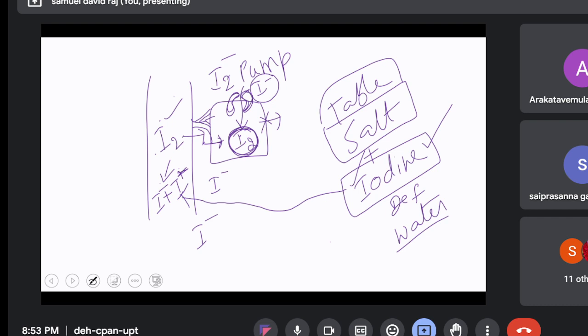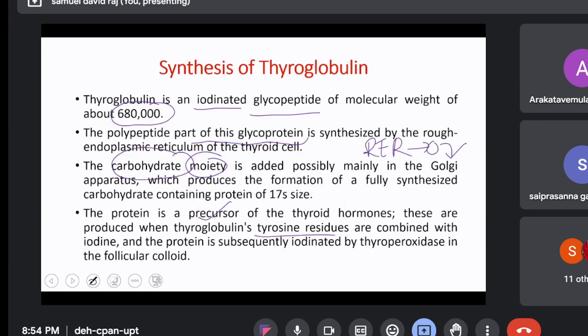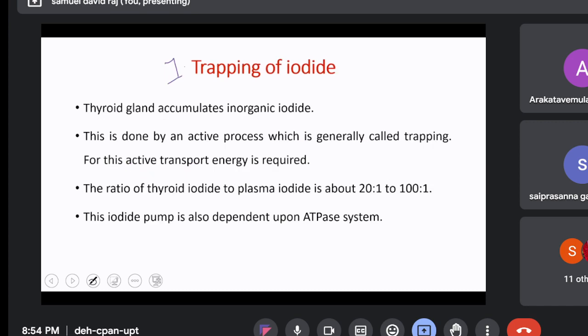So once it is converted to the molecular form, this iodine is trapped inside the follicular epithelial cell. That is the first process: synthesis of thyroglobulin, followed by trapping of iodide. The thyroid gland accumulates inorganic iodide. This is an active transport mechanism which requires energy.